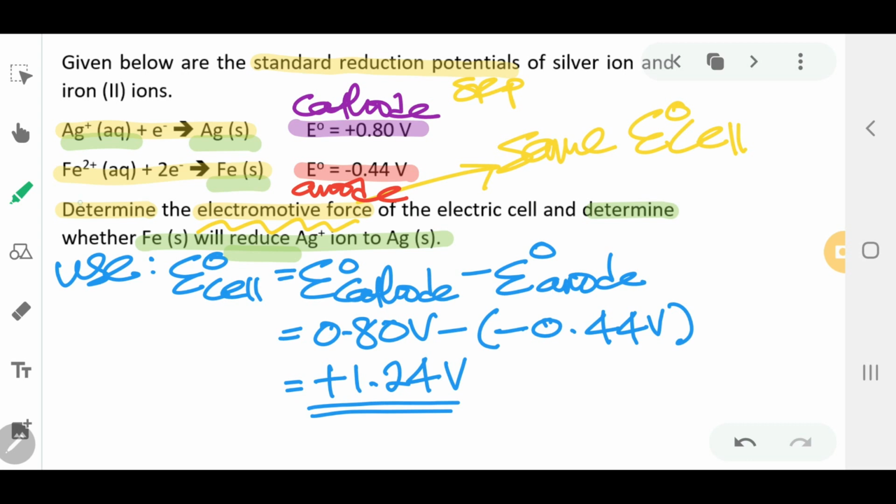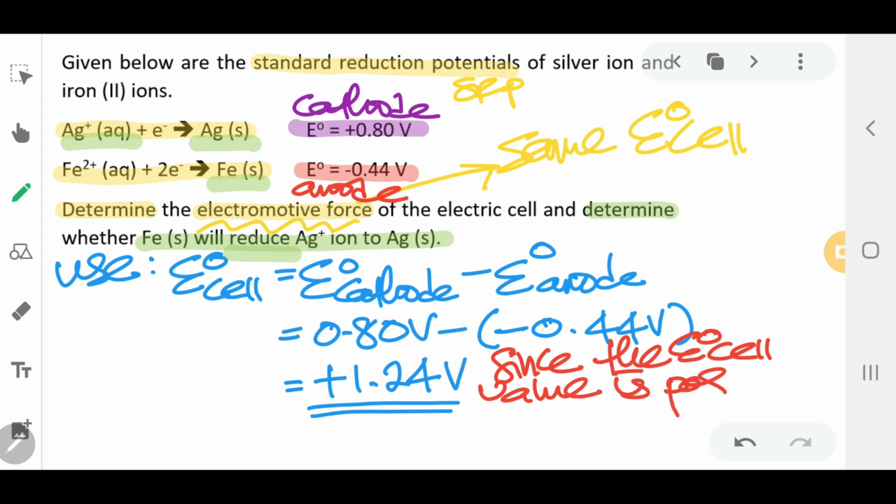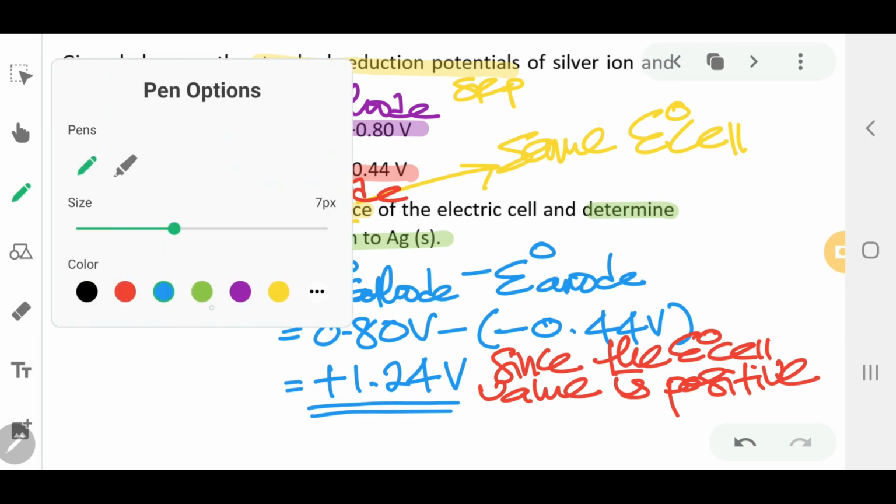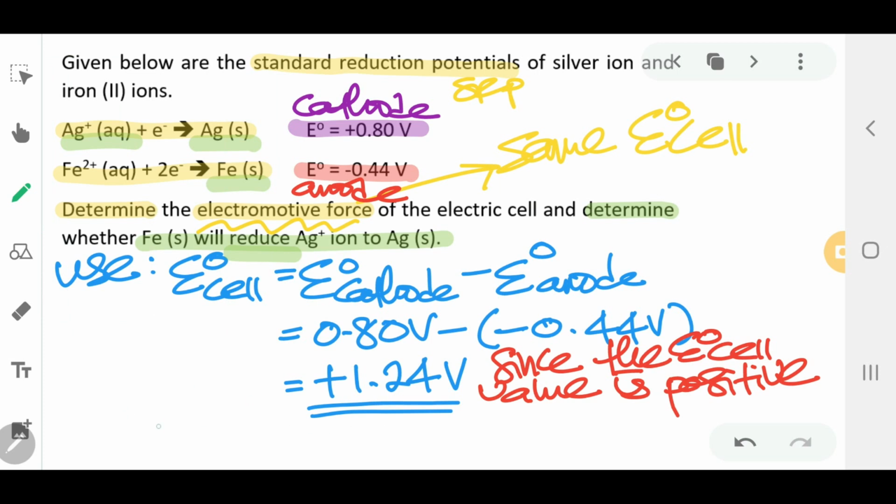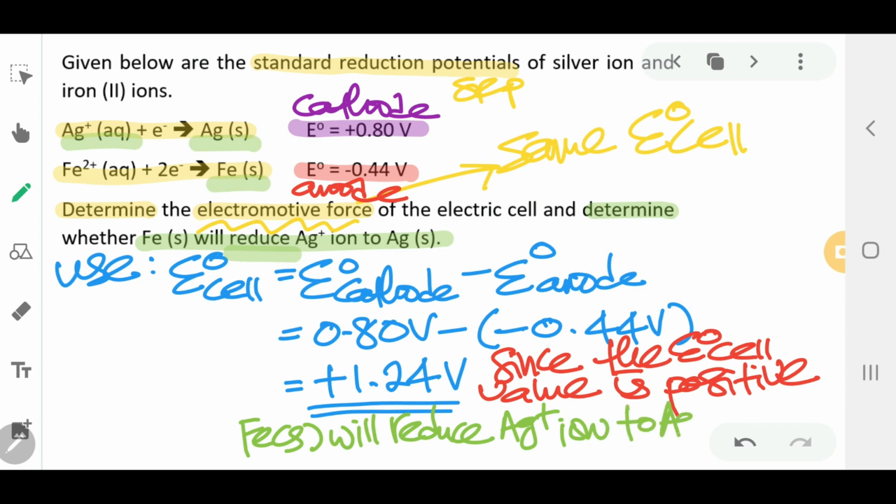So since the E naught cell value is positive, Fe will reduce Ag plus ion to Ag solid. So that is the answer.